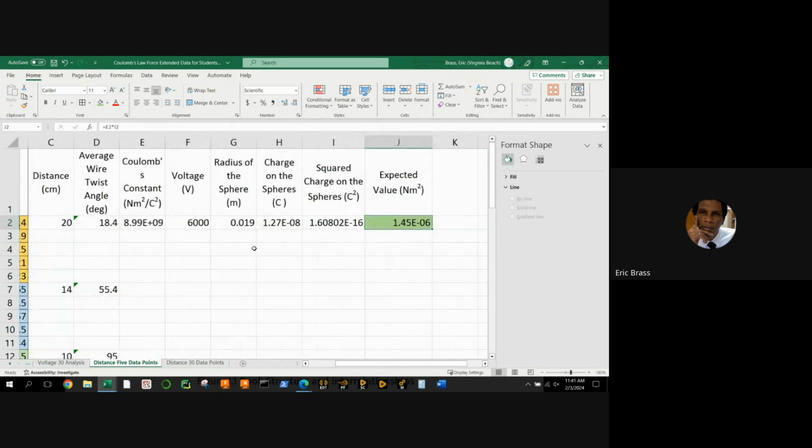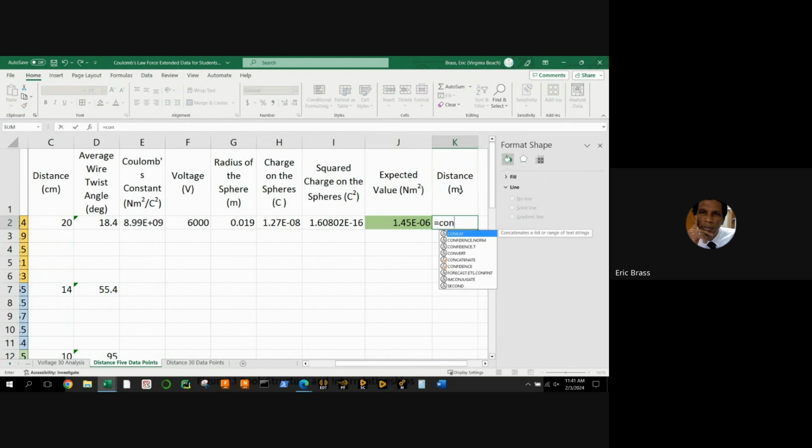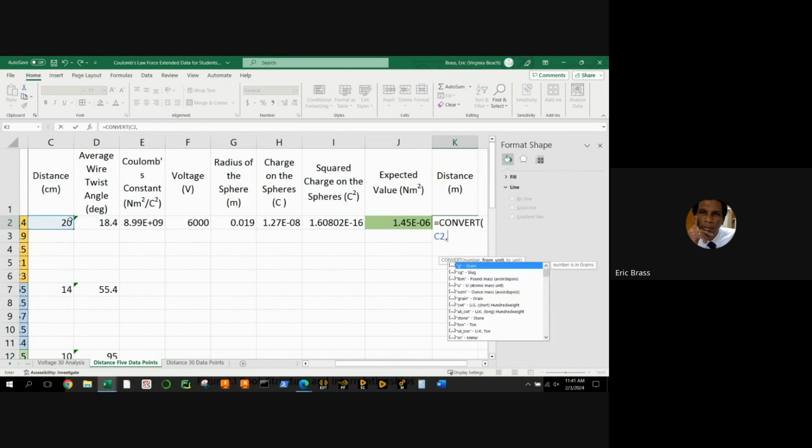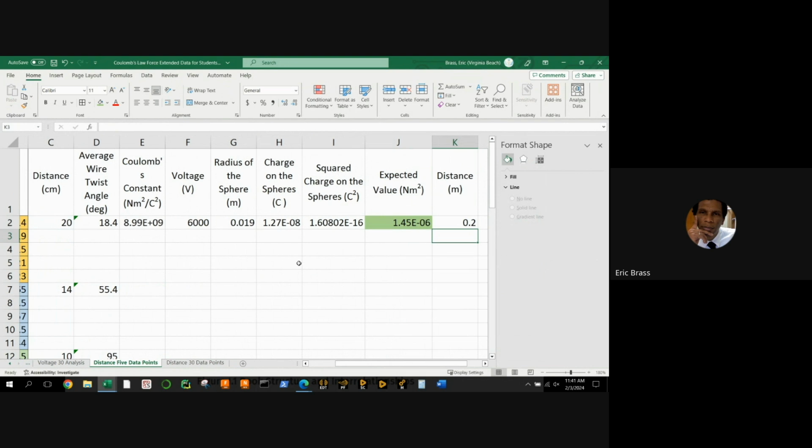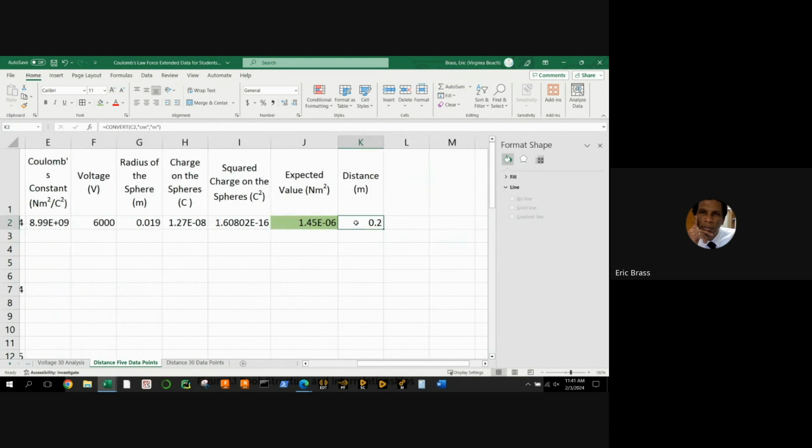I didn't convert that over, but I'm going to convert it here. So it's going to be distance in meters. So this is going to be equal to convert. Excuse me. All right. So that makes sense.